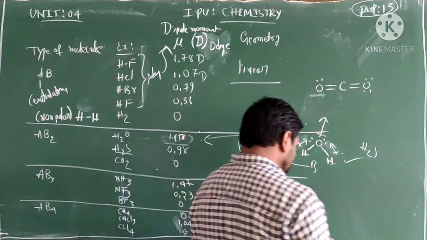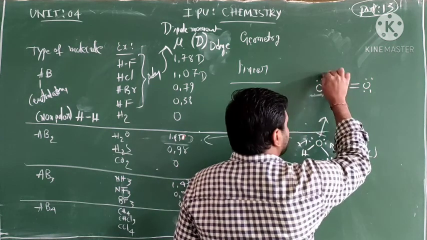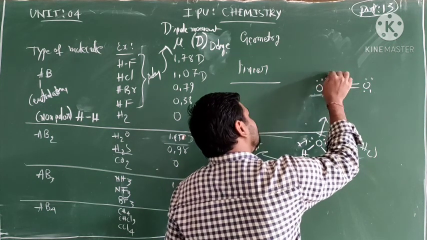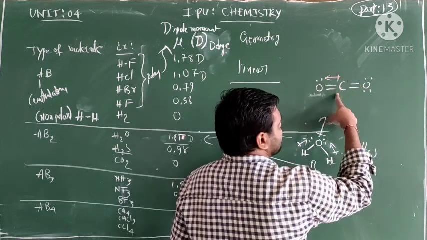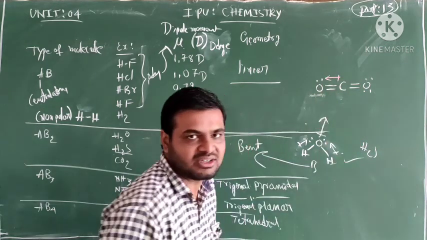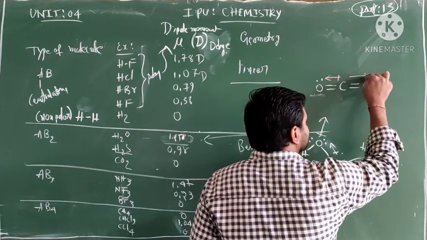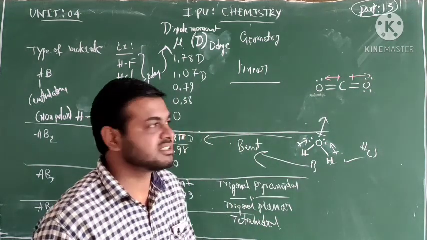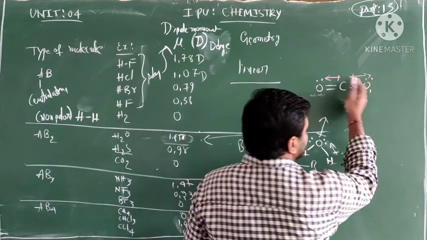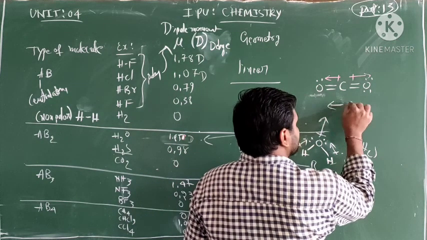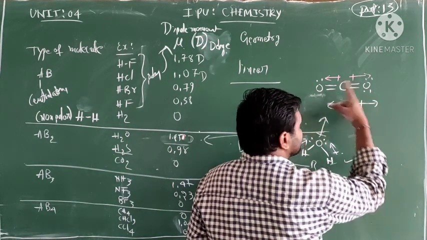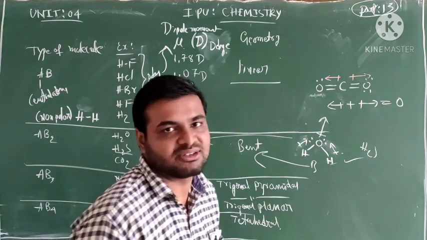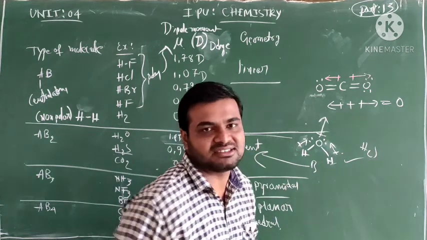So here oxygen is more electronegative than carbon, so carbon's electrons move towards the oxygen atom, and here also they move towards the more electronegative oxygen atom. The sum of these two gives a net dipole moment of 0 because they cancel each other.